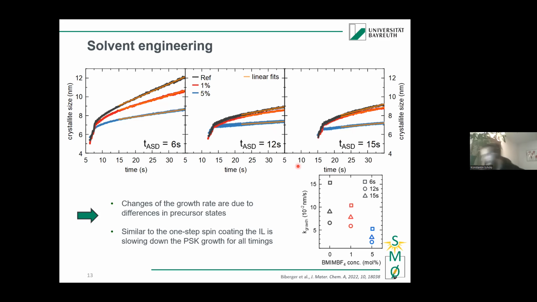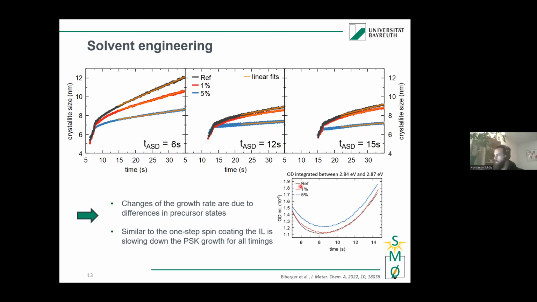Now, again looking at the evolution of precursor states, we here have the optical density integrated in this range where this PbI4 2 minus peak absorbs. As a function of time, we have at first this decrease because material is thrown away from the substrate, and then this increase because more of the species is formed.